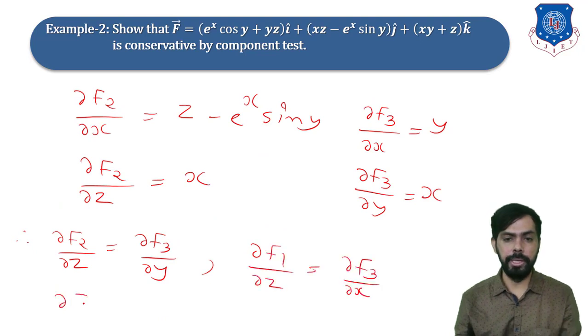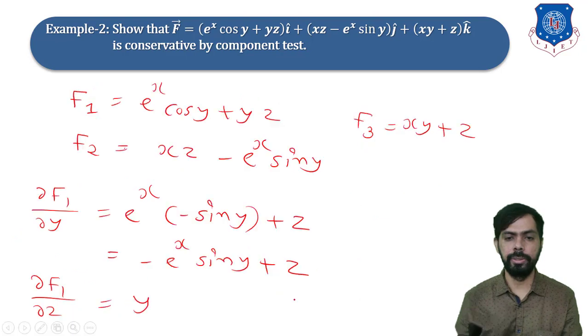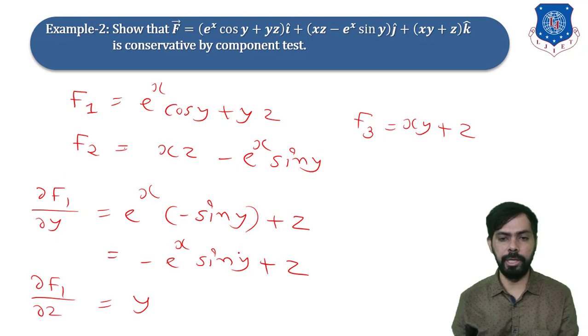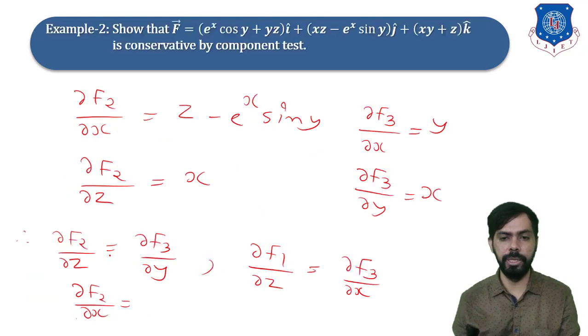Okay, and here del f2 by del x, that is z minus e raised to x sin y. Okay, and here del f1 by del y, that is z minus e raised to x sin y. Therefore del f2 by del x is equal to del f1 by del y.